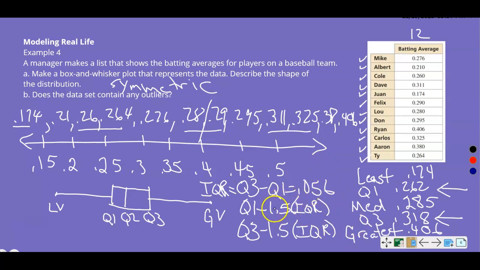So I'm going to do 1.5 times that number and then take the 0.262 and subtract 1.5 times my IQR. If I do that, I get 0.178. 0.178 is larger than this number here. So that means that this 0.174 is an outlier.